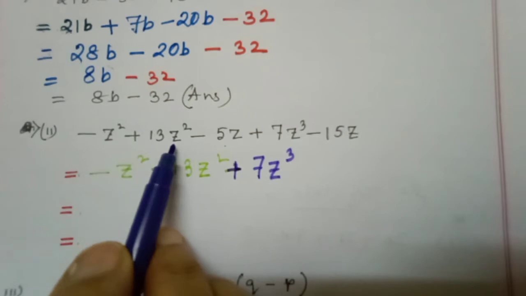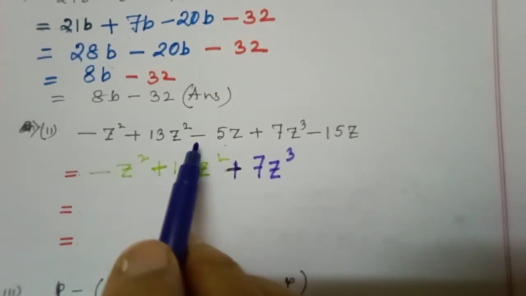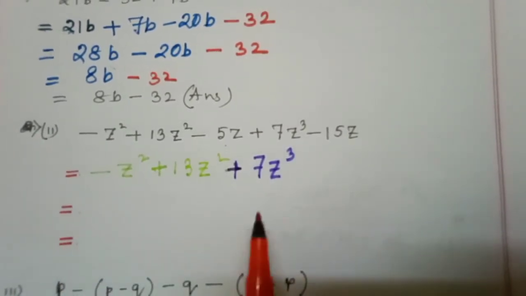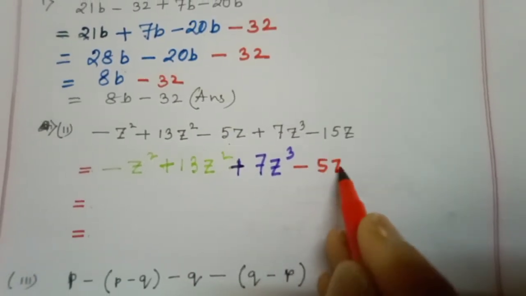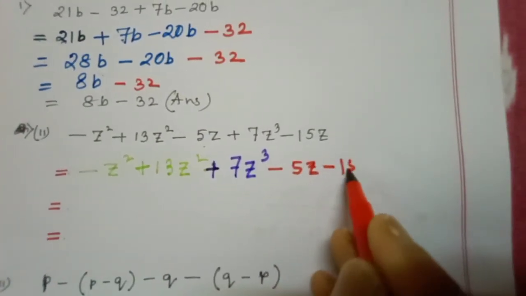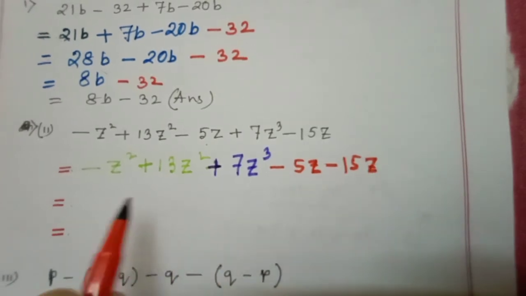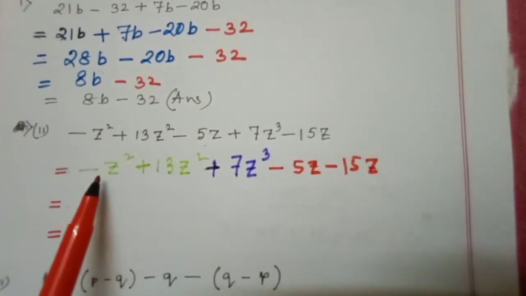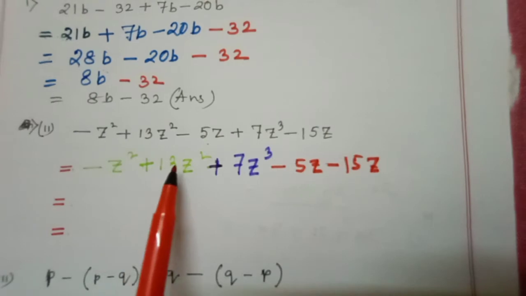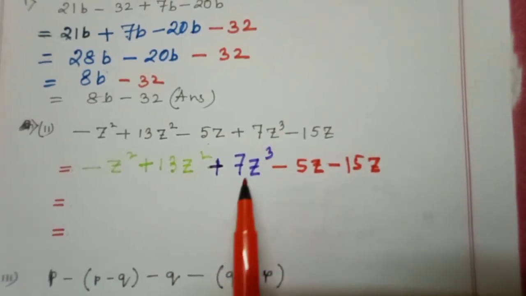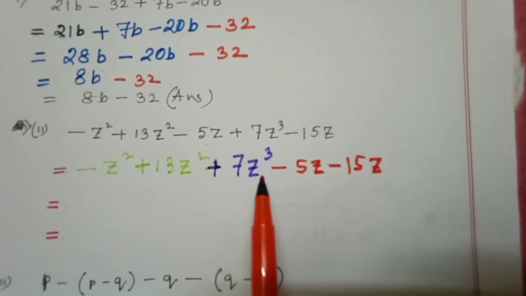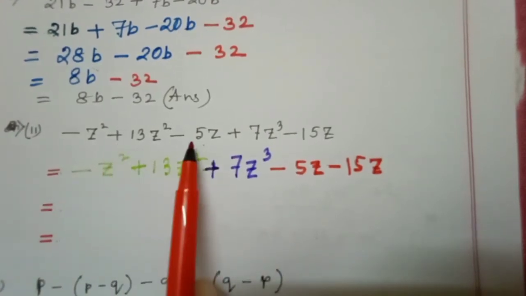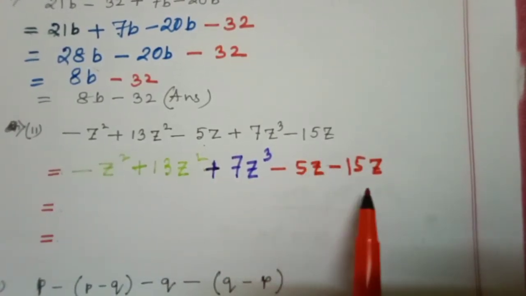These two are square, this is cube, and minus 5z, minus 15z. What you can see is that for z square, two terms are there, like terms. With cube only one term, so I have written only plus 7z cube and minus 5z and minus 15z.